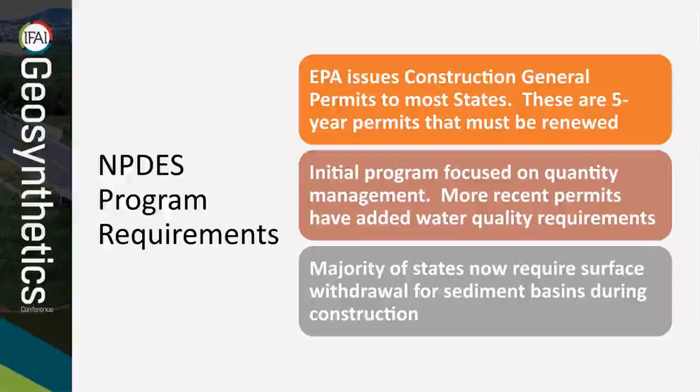So under the NPDES program, the EPA issues construction general permits to most states. These are typically 5-year permits that must be renewed, and each time they're renewed, it is typical for additional requirements to be added.